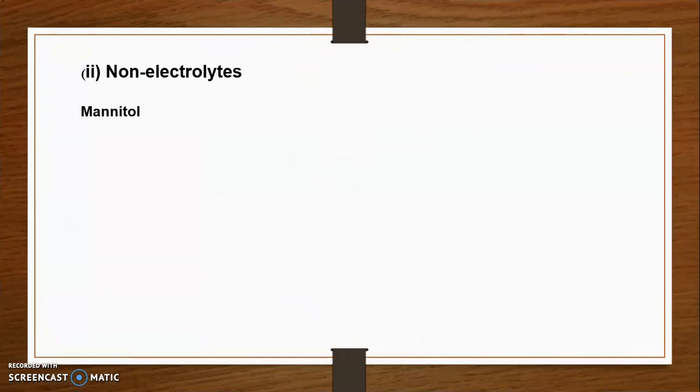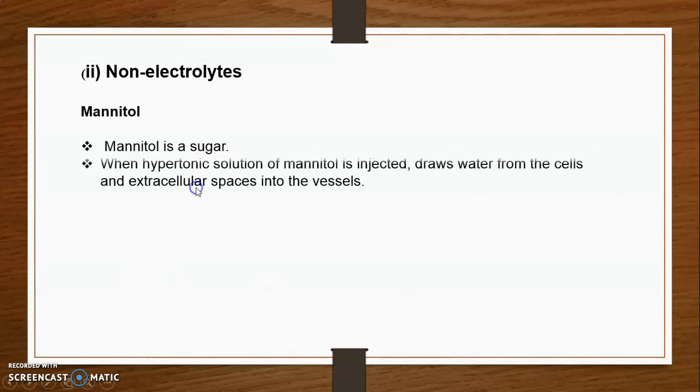Next, the category of weak electrolytes is the non-electrolytes. Example of it is mannitol. Mannitol is a sugar, and when a hypertonic solution of mannitol is injected, it draws water from the cell and extracellular space into the vessel.